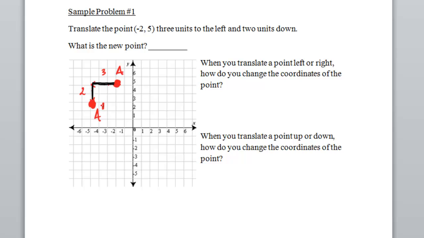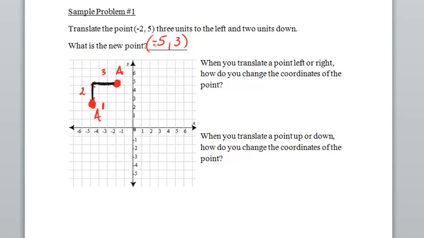That's not an exponent, that's not a 1. What that's telling us is that's A prime, and that's showing us that that is the translation of point A, and in this case 3 units to the left and 2 units down. And so it says what is the new point. And the new point, if we look at it very closely, will be (-5, 3).